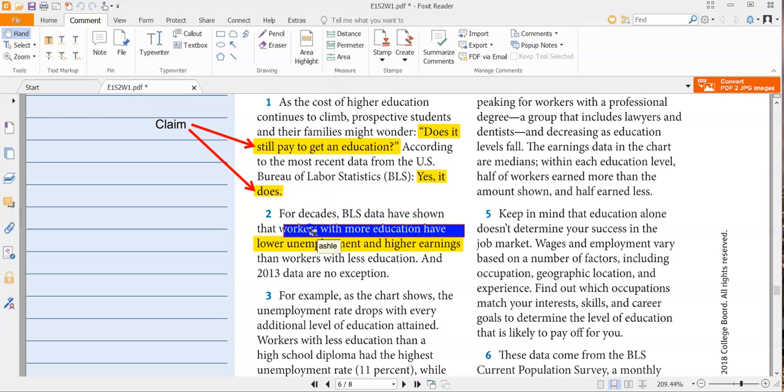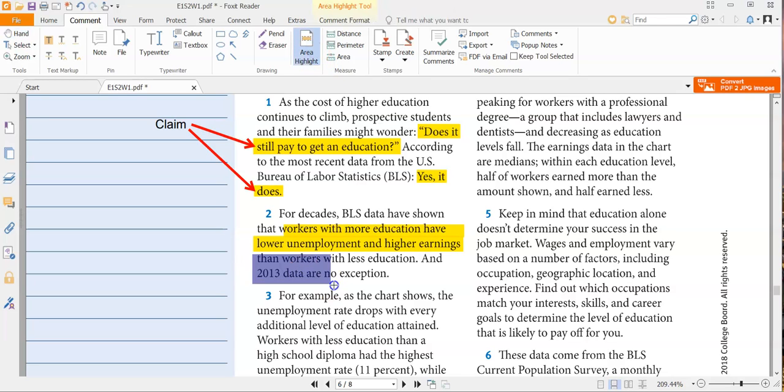All right, so that sounds like it's going to be pretty important to me when I'm evaluating the claims. And we have our expert source here, which is BLS, the Bureau of Labor Statistics. So that's going to give us some sort of credibility to check on in this essay.